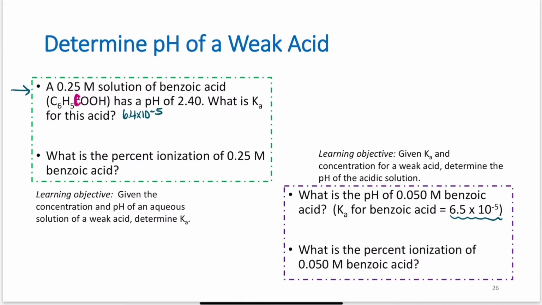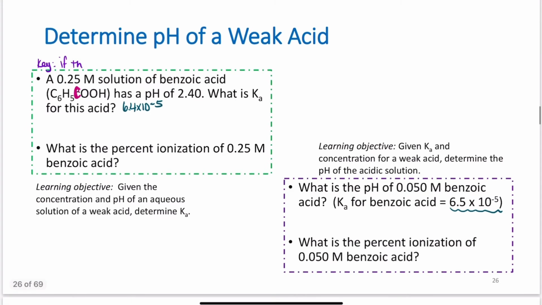What about the percent ionization of 0.2 molar benzoic acid? Because I forgot to write this down here. The key to solving this question was that if you know pH, then you automatically know your hydronium concentration.